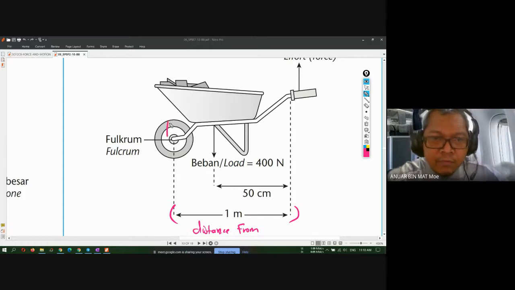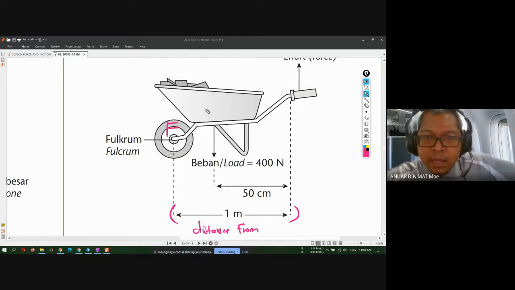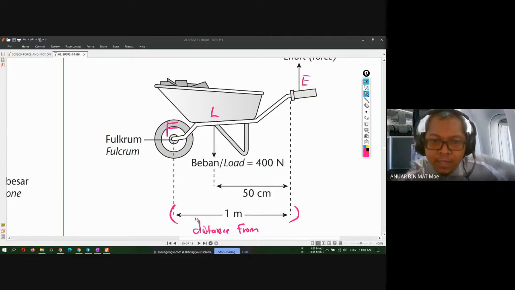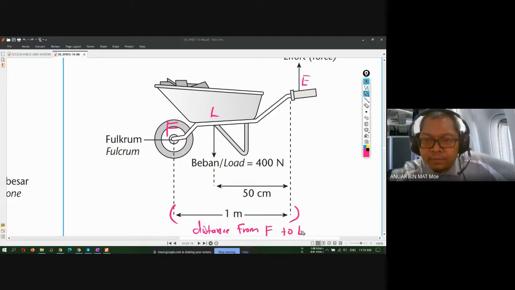So this is the fulcrum, this is the load, and this is the effort. So 1 meter is the distance from fulcrum to effort. How about this one?